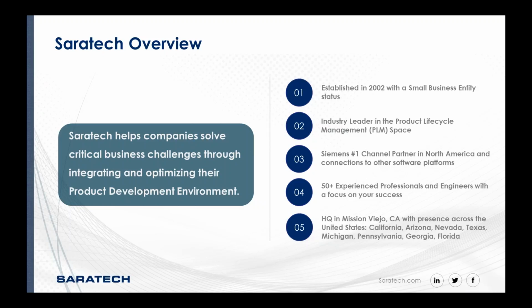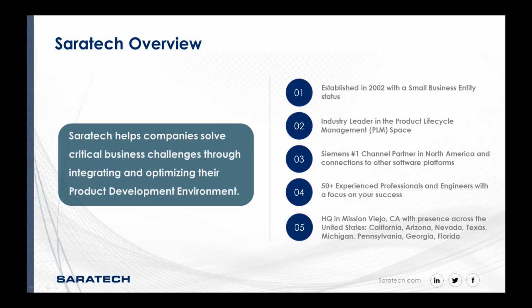So just to share with you, Saratech has been here for 15 years. We help customers and companies solve their product development and business challenges. We're here to optimize your engineering investments. We help with design, analysis, manufacturing, and quality systems. We're the industry leader in the PLM space.